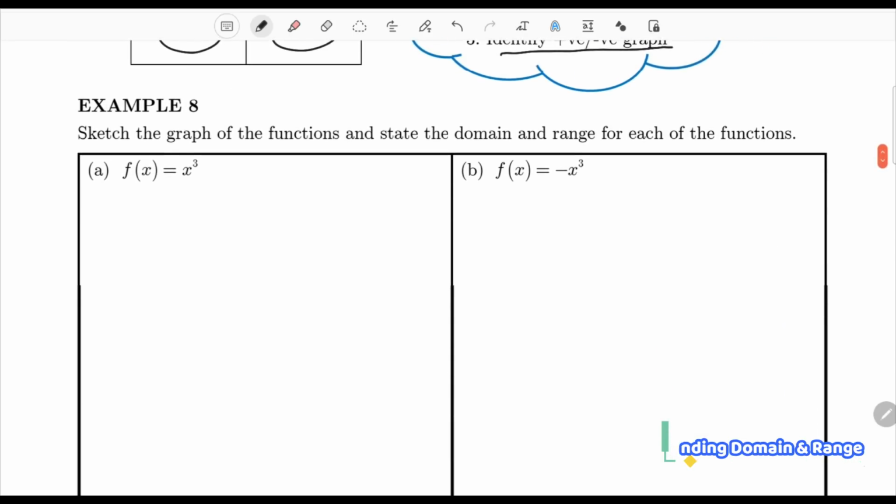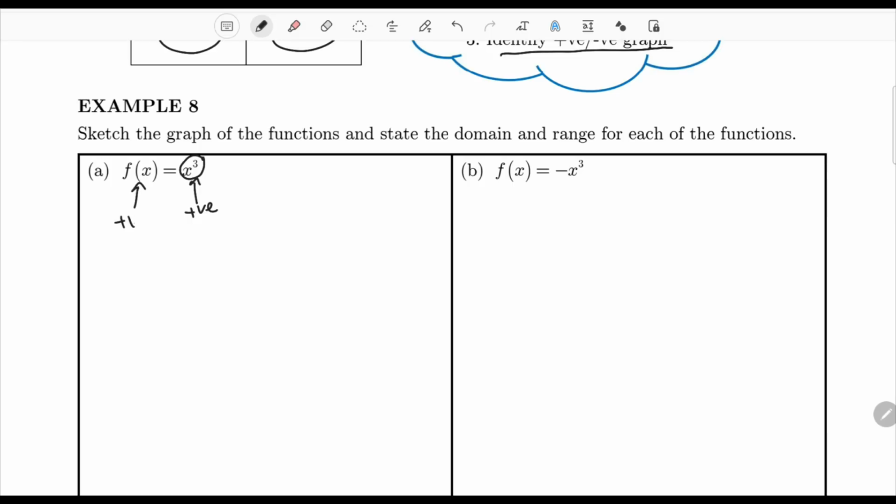Okay, let's look at example 8. Sketch the graph of the function and state the domain and range for each of the function. So if you look at x cubed on the right here, the sign is positive. f(x) here is also positive. So your y is actually your f(x). Meaning the point starts with positive, positive.